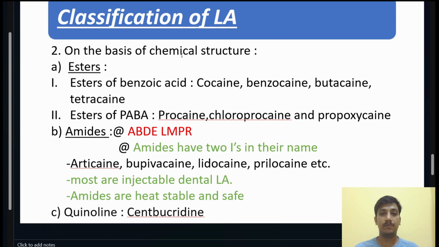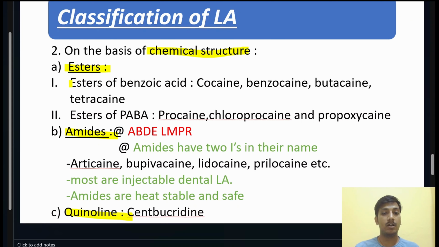Moving further to the classification, the second basis is on the basis of chemical structure, in which the ester is first, amide is second, and quinoline is third.